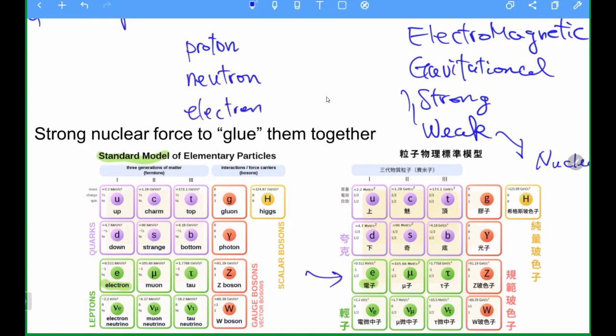If you try to separate the proton and neutron into smaller basic particles, they separate into something called up quarks and down quarks. I don't quite remember, maybe 2 up quarks and 1 down quark make the proton. You should try to count.